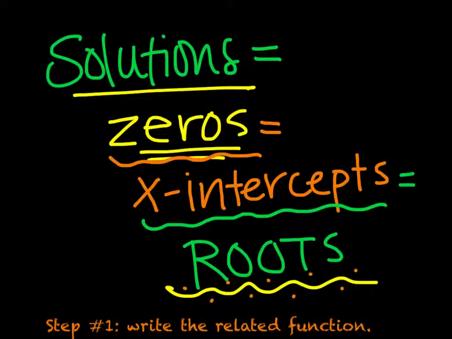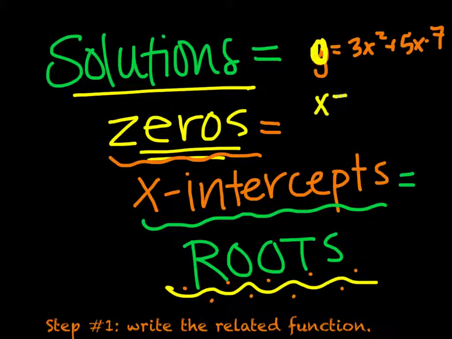If we were to take a function such as y equals 3x squared plus 5x minus 7, we can just substitute 0 in for y, and we can find what x equals, and those are our solutions.